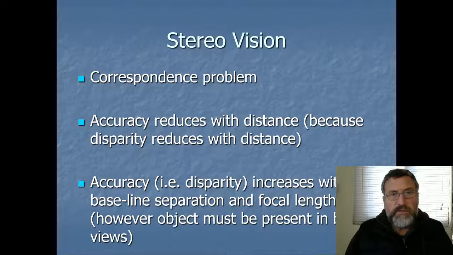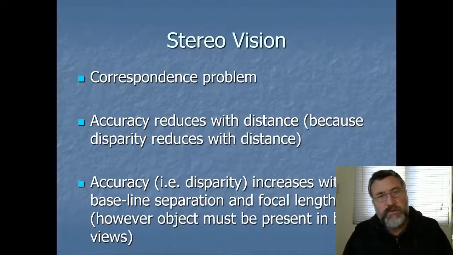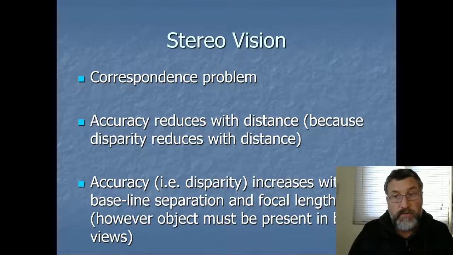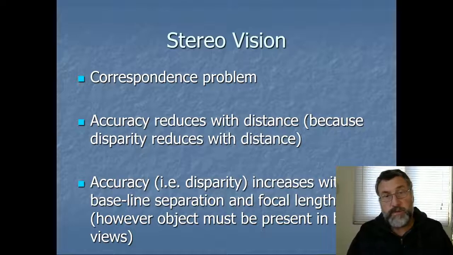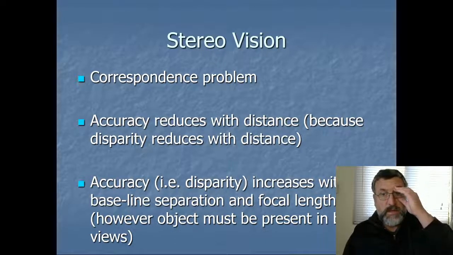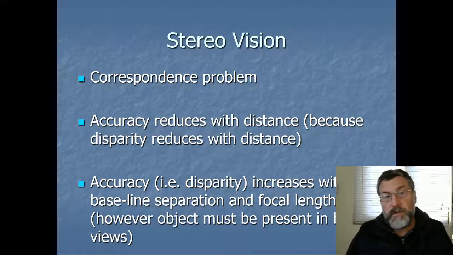So then stereo vision: you've got the correspondence problem, as I just talked about. Accuracy can also be an issue because it generally isn't very good. We did a lot of experiments over the years with various companies using this, and we found that triangulation generally gives better accuracy than stereo vision most of the time, especially when the thing you're trying to measure the distance of is some way away.